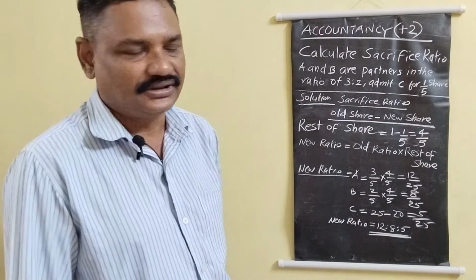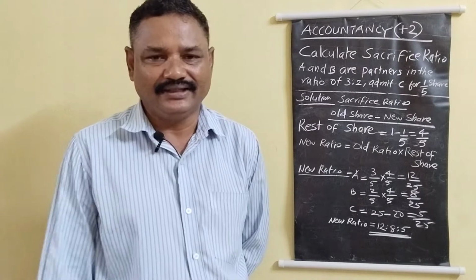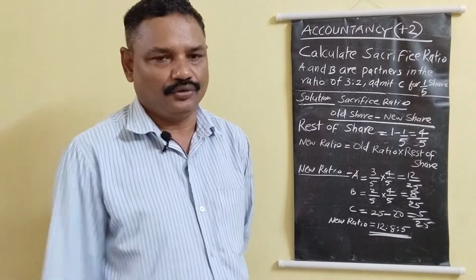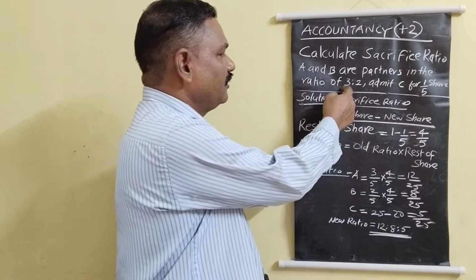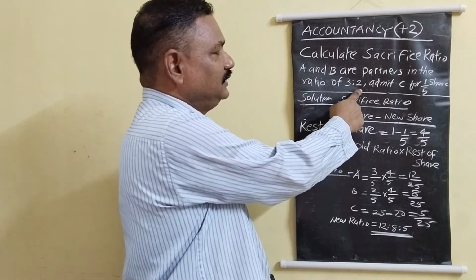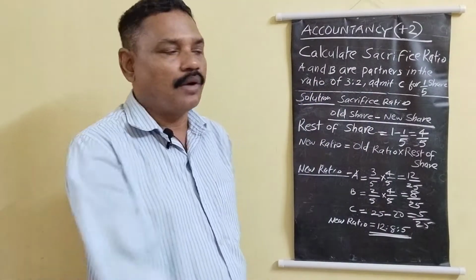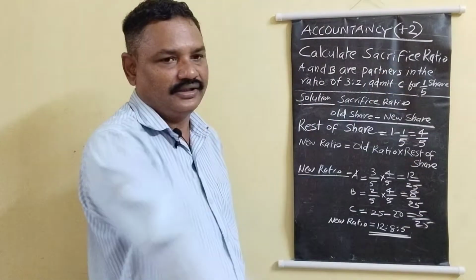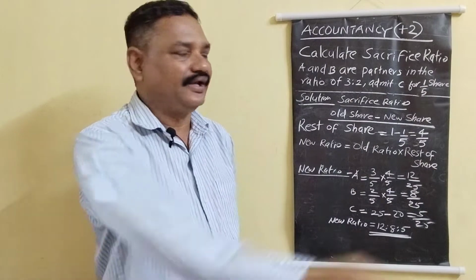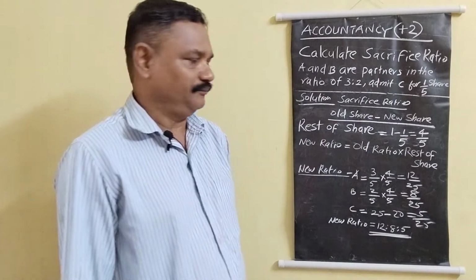Dear students, this is the given information. It is very easy to calculate sacrifice ratio. Here we are given one old ratio, 3:2. There are two old partners, A and B. The name of the new partner is C. The new partner is getting 1/5 share from the firm.